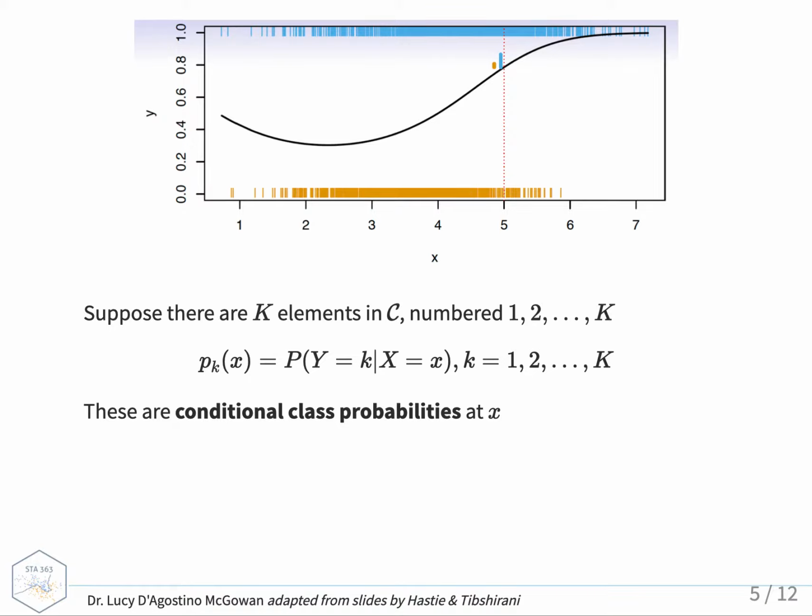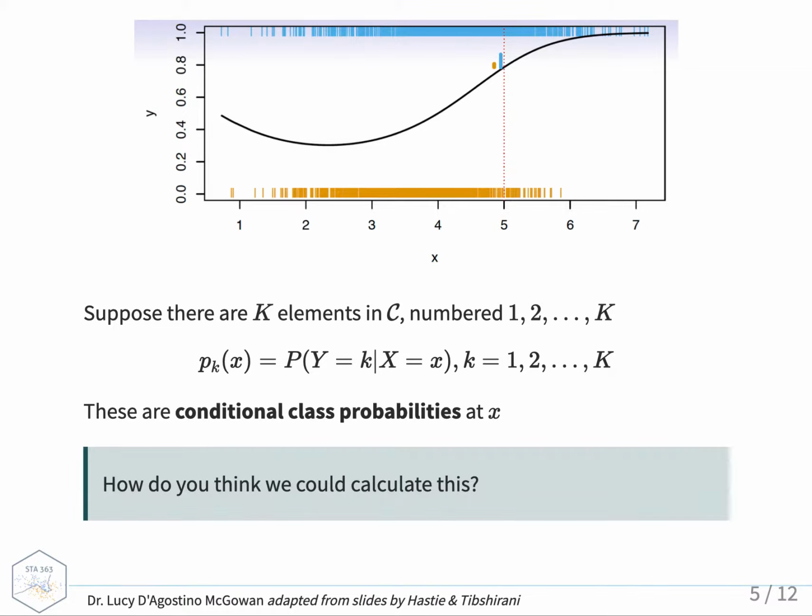Here's an example. Suppose there are K elements in C, numbered from 1, 2, up to K. So pk is the probability that Y equals k given X equals x, for k from 1 to K. These are conditional class probabilities at x. How do you think we would calculate this?